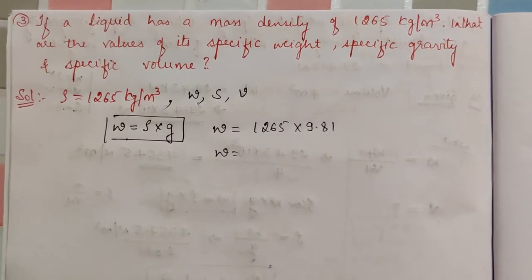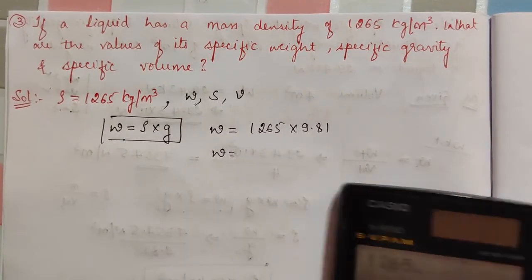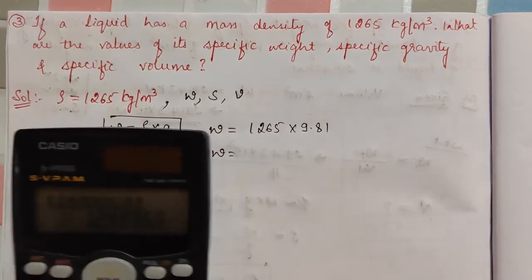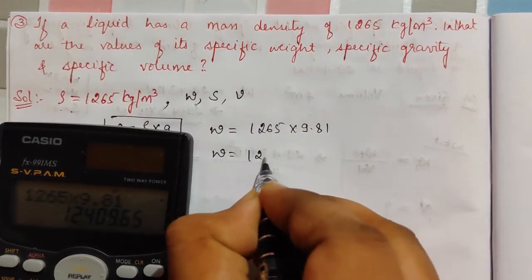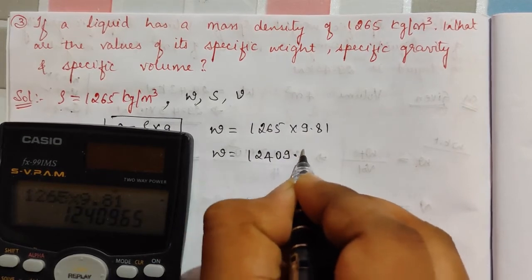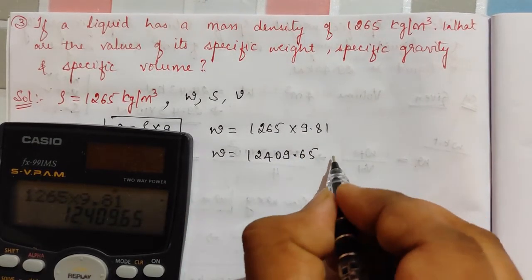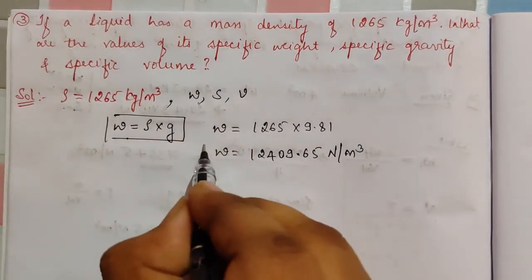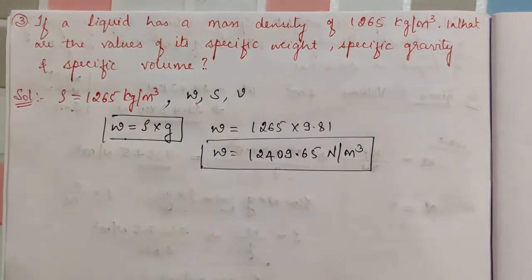My specific weight will be 12409.65. What is the unit? Newton per meter cube. So this is our specific weight.